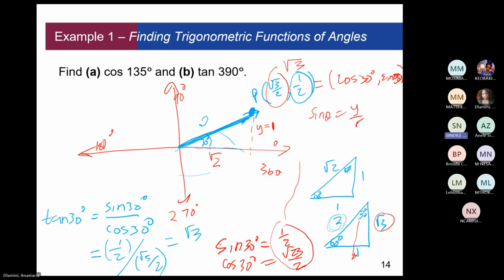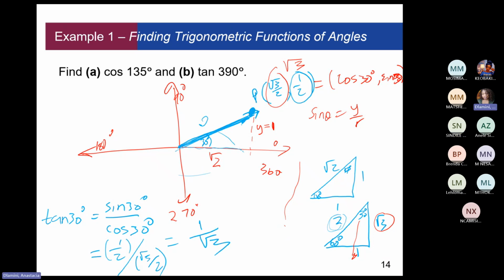I made a mistake. Because it was 1/2 times 2/√3, it becomes 1/√3. Then we rationalize, and after rationalizing we have √3 over 3.